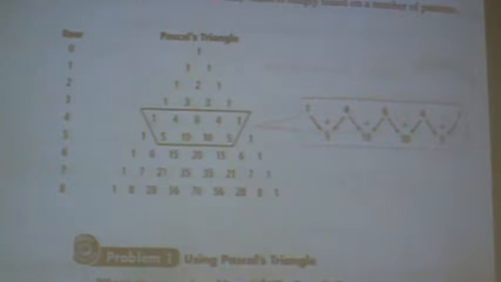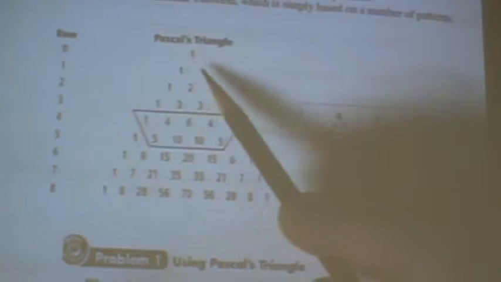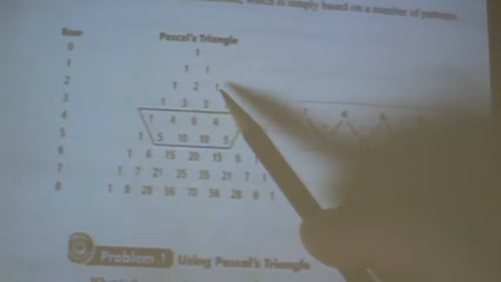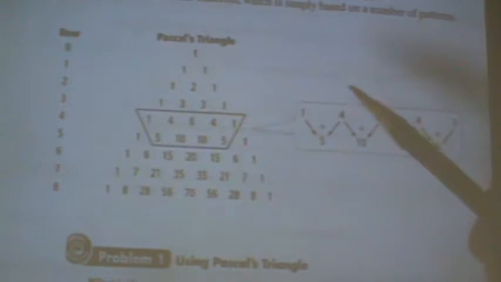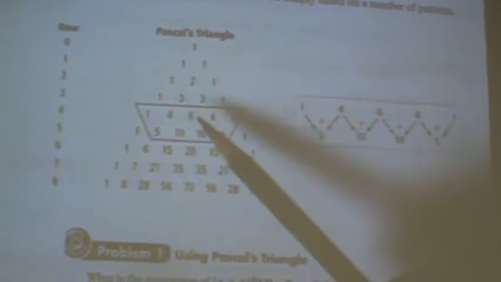So how to get Pascal's triangle: each row starts and ends with 1. So your first coefficient will always be 1, your last coefficient will always be 1. And what you do is you take the previous row and you add the two terms to get the next term.